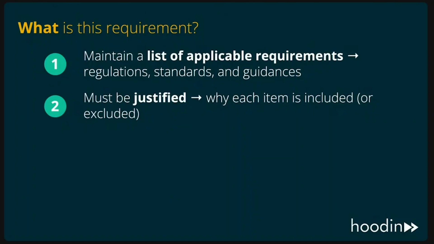My recommendation is also to have a set of regulations that are just considered, but are neither applicable nor non-applicable in your list, but they were considered and dismissed for defensible reasons. That kind of proves that you did your homework properly.